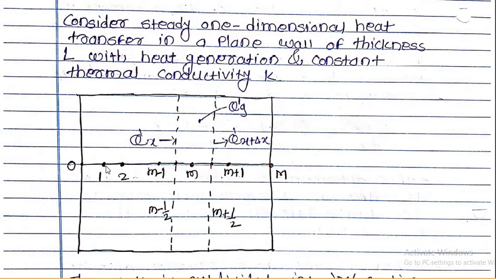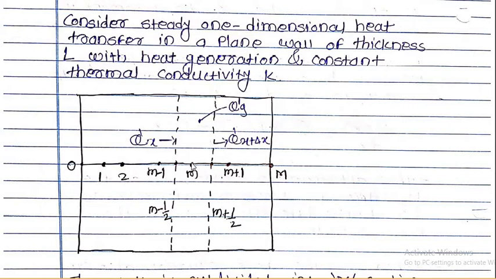So the divisions are numbered 0, 1, 2, up to m minus 1, m, m plus 1. Any division we have given the significance m, previous to that particular m we have given m minus 1, and next to that division of the wall we have provided m plus 1.